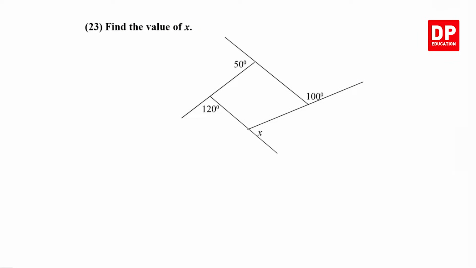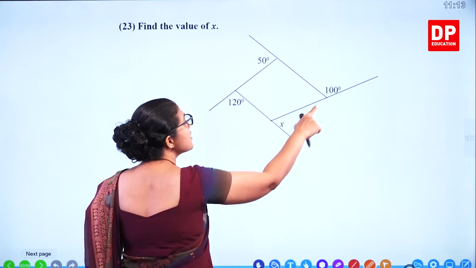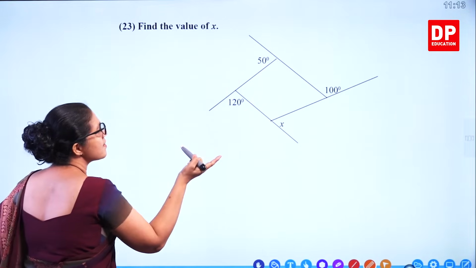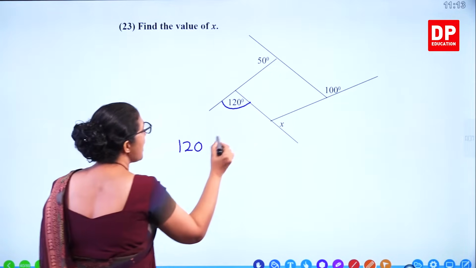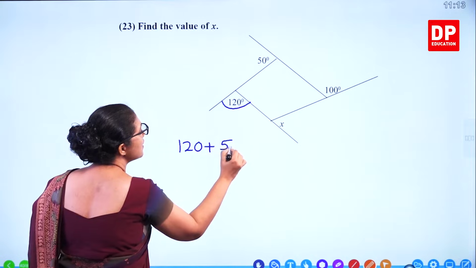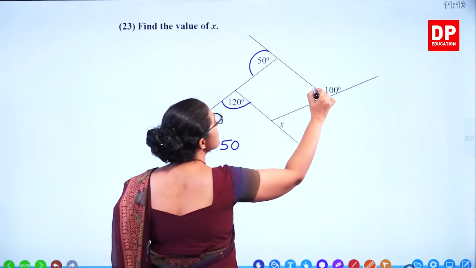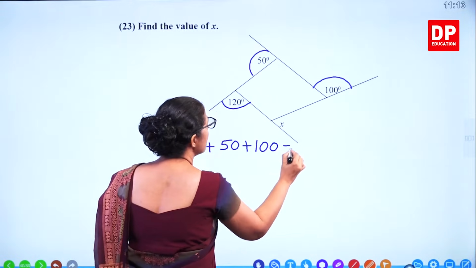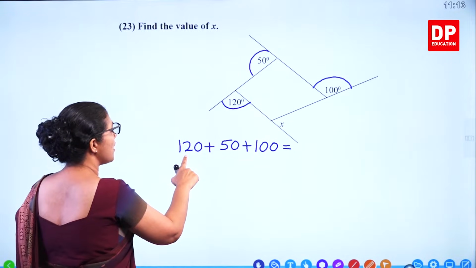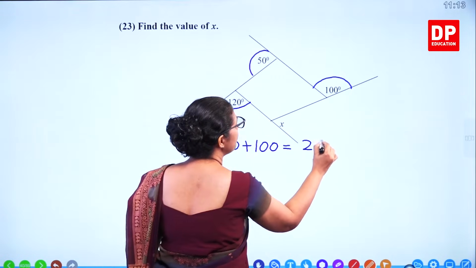Find the value of x. We know the sum of exterior angles is 360. So what's 120 plus 50 plus 100? 100, 100, 200, 270.